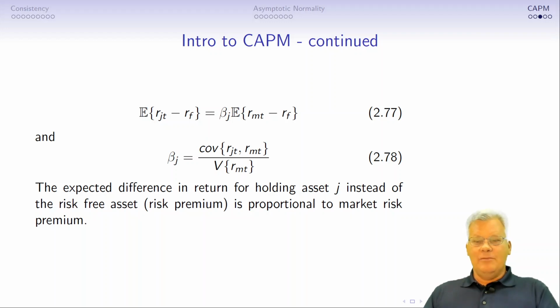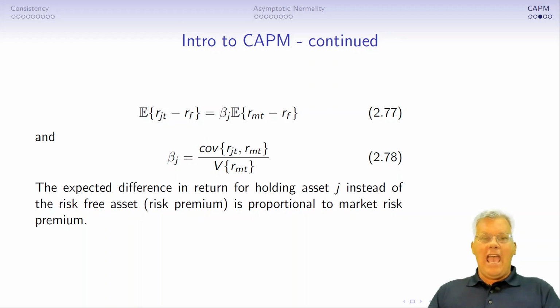beta, so beta sub j, which is given by equation 2.78, you'll notice that that's a conventional OLS slope. It's the covariance of the return on security j and the market rate of return divided by the variance in the market rate of return.